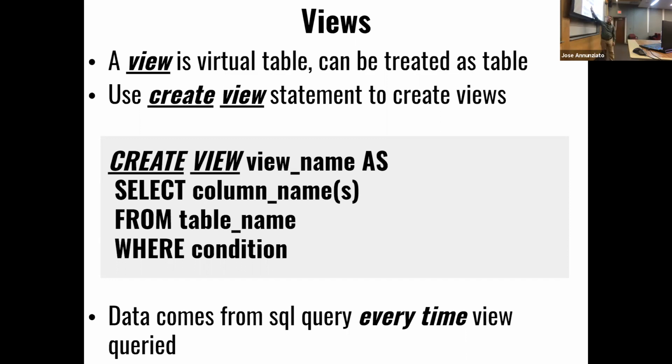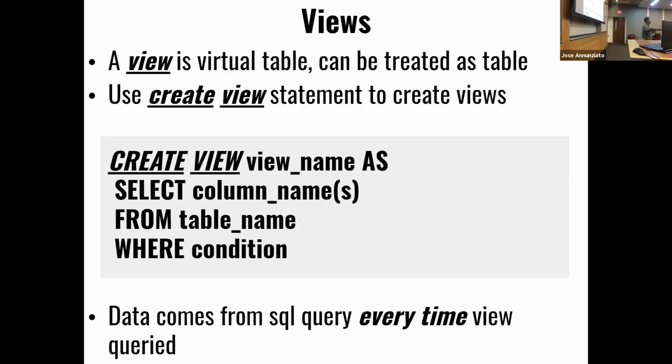Now, instead of copying the select statement everywhere or using it in parentheses, it has a name that I can reuse. And now I can treat it as if it were a table, but it's not really a table.